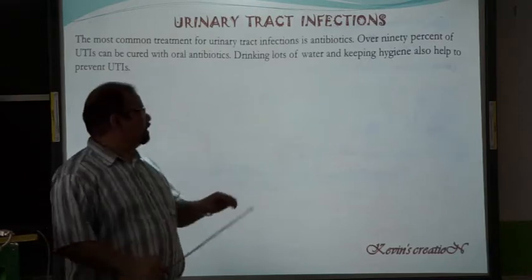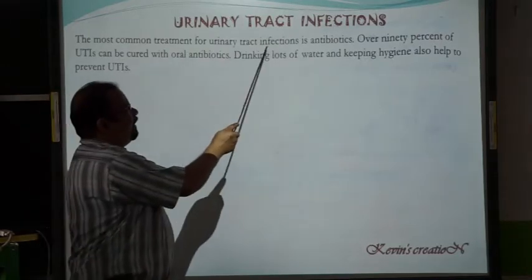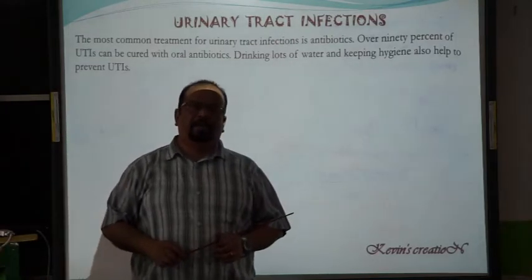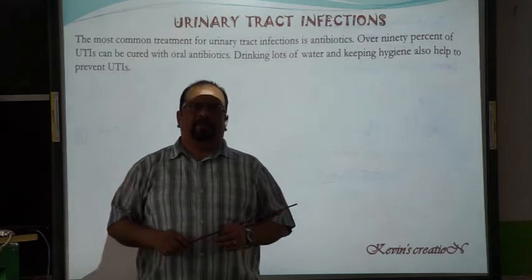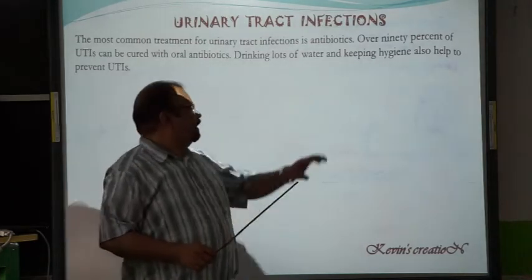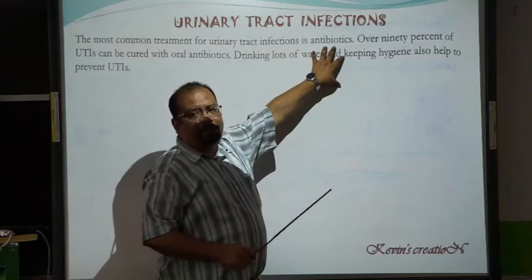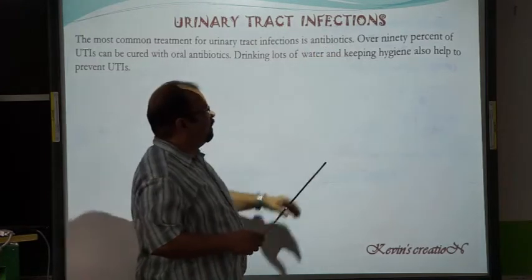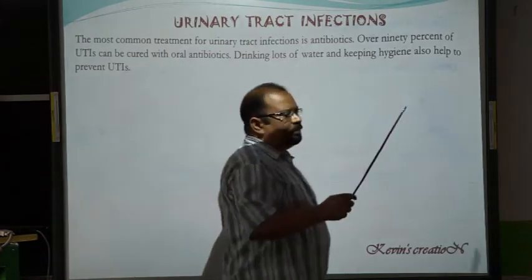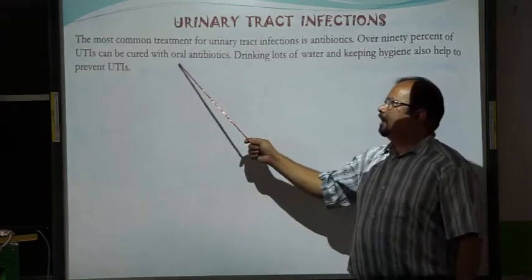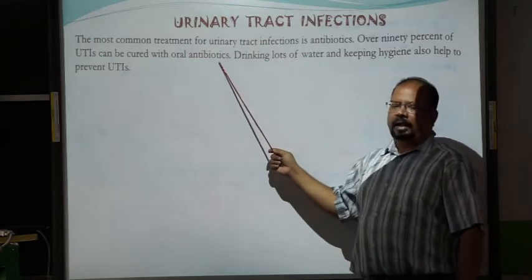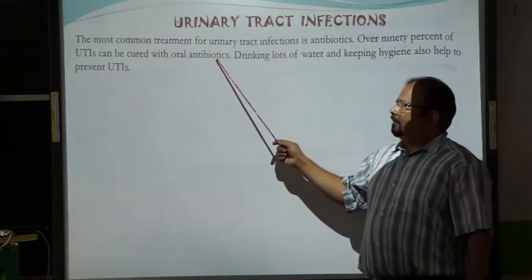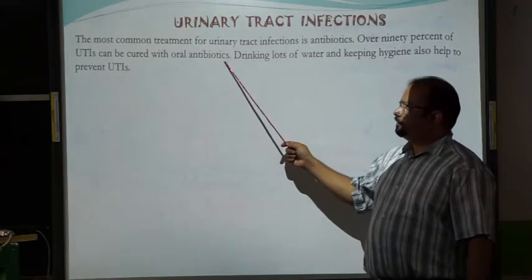The most common treatment for urinary tract infections is antibiotics. You know about antibiotics. When a person suffers from UTI, they are prescribed antibiotics. This is a tablet which you take orally. Over 90% of UTIs can be cured with oral antibiotics, that means you can take them as tablets or capsules.